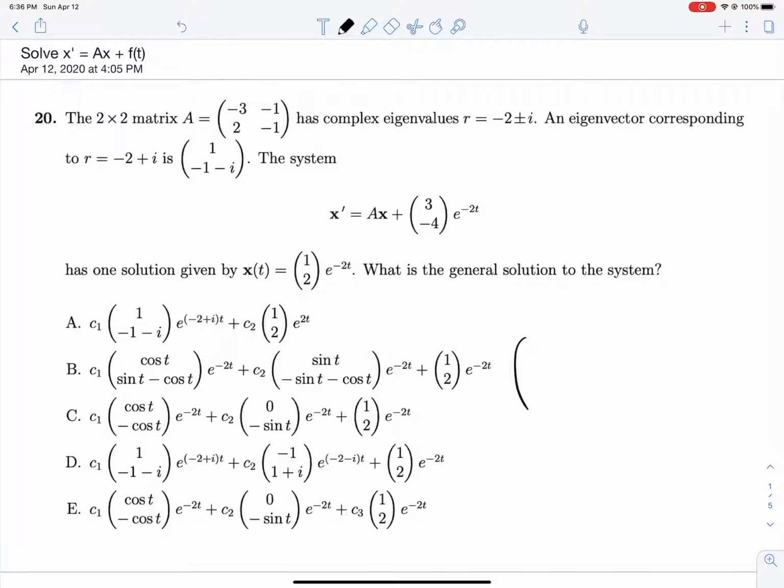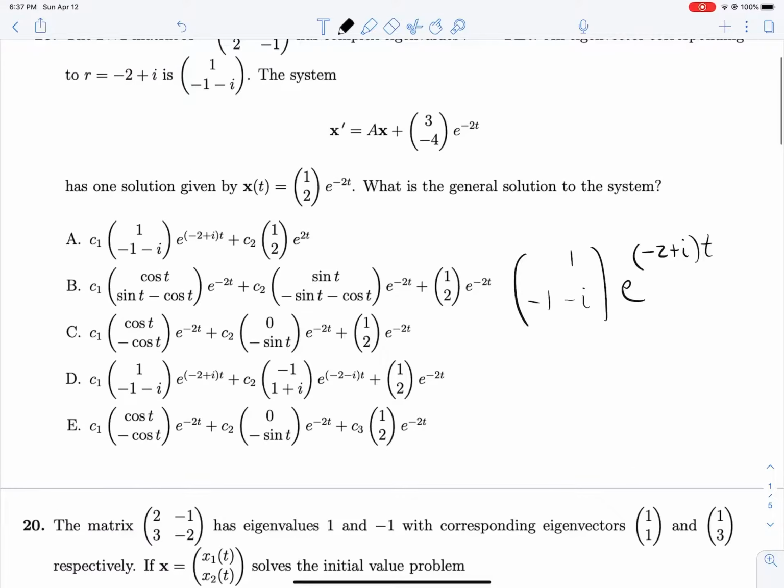v1, which they tell us is 1, -1 minus i, multiplied by e to the lambda 1, which is -2 plus i, t. And we can expand this into its real and imaginary parts by replacing this exponent up here.